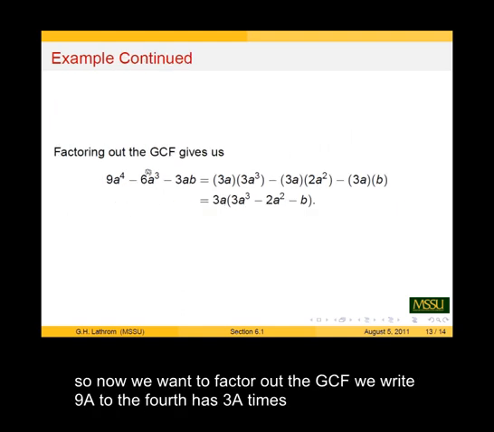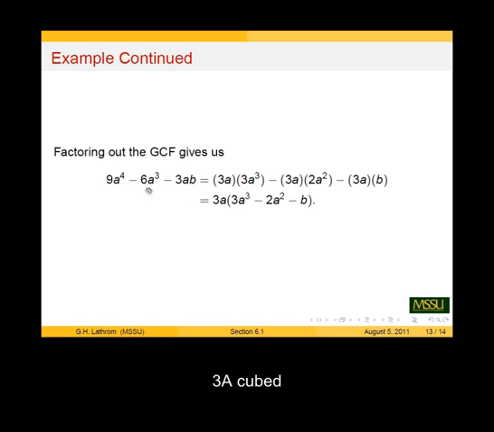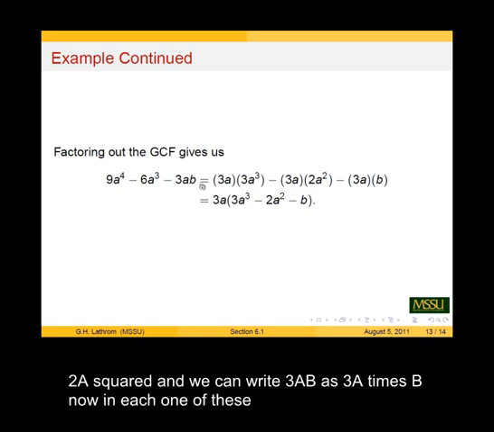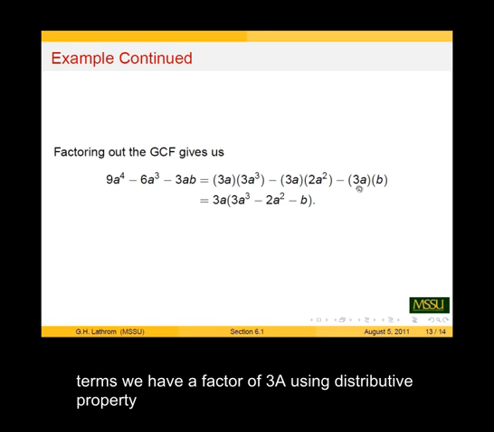So now when we want to factor out the GCF, we write 9a to the fourth as 3a times 3a cubed. We can write 6a cubed as 3a times 2a squared. And we can write 3ab as 3a times b. Now in each one of these terms, we've got a factor of 3a.